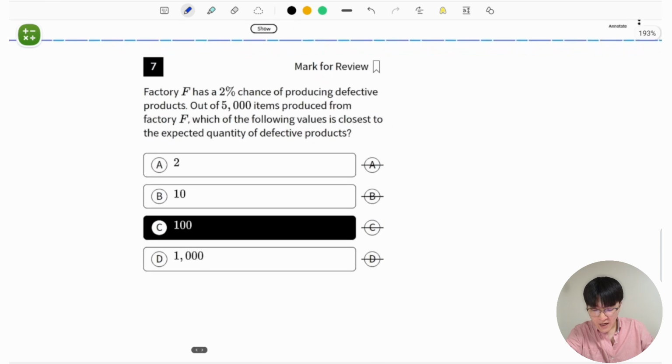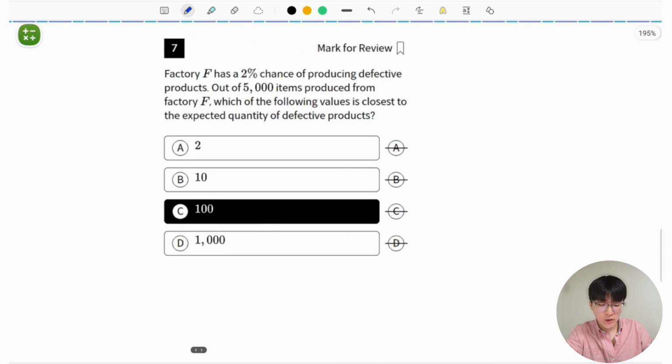Question number 7. Factory F has a 2% chance of producing defective products out of 5,000 items produced from Factory F. Which of the following values is closest to the expected quantity of defective products? So the defective products, what's the likelihood of it happening? 2%. Now, if we want to use this in a mathematical formula or in an algebraic way, we have to make sure that this percentage is in a number format.